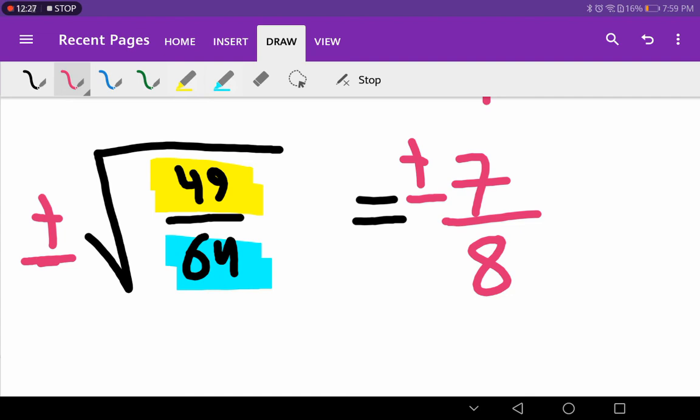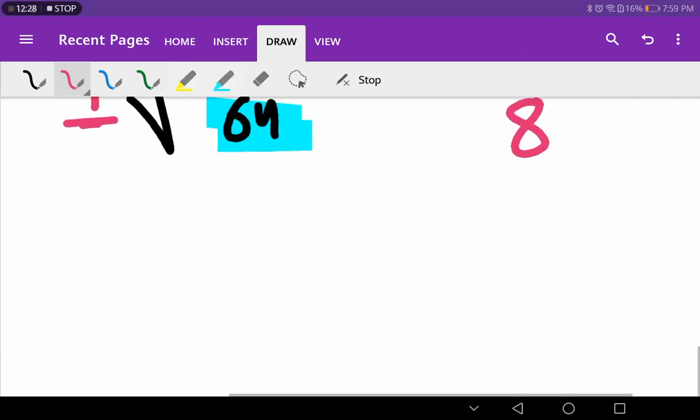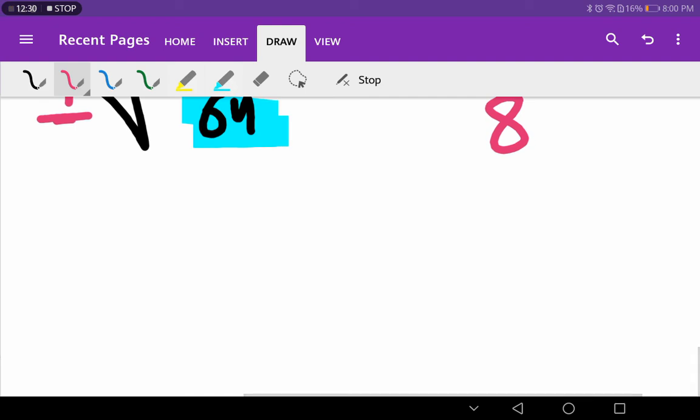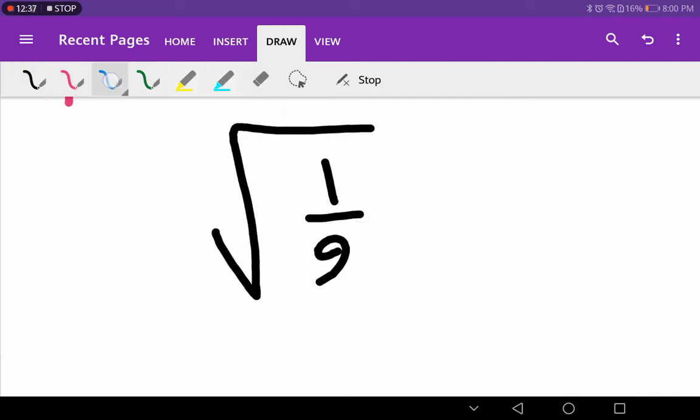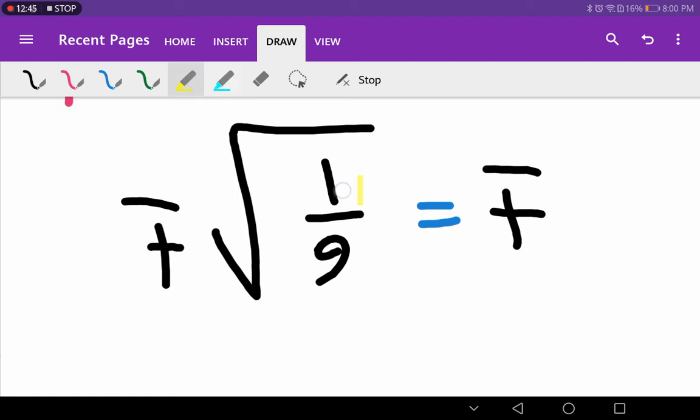I hope so. One more example for you. If I have the square root of 1 over 9, easy teacher, but we have plus minus here. So the answer is plus minus, the 1 comes from 1 multiply 1, so 1 over the 9 comes from 3 multiply 3, so 3. We are done.